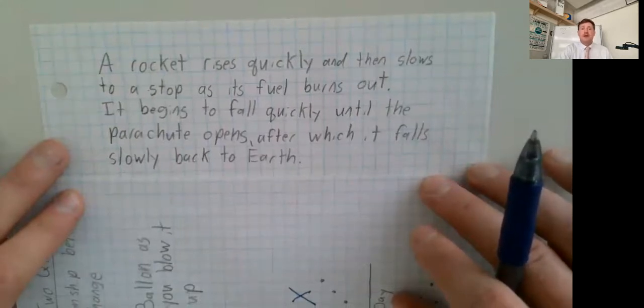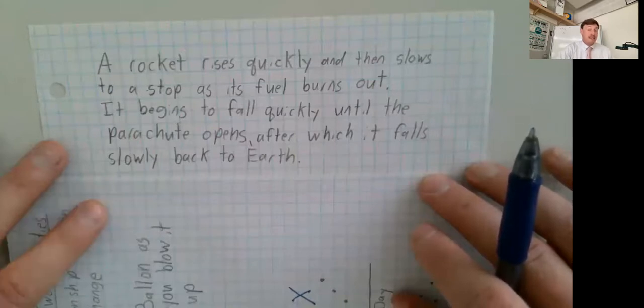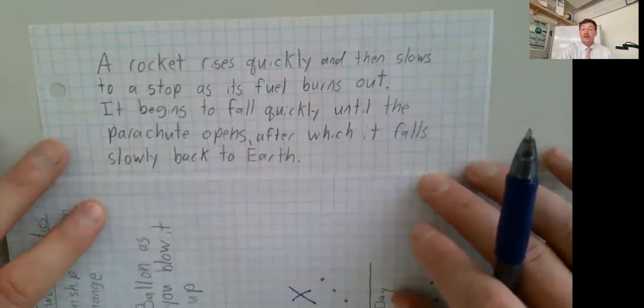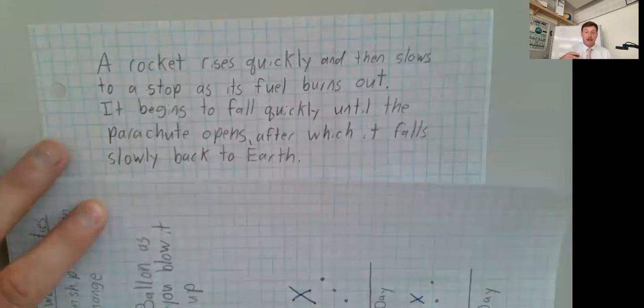Before we start graphing this, we need to think about what two variables are being compared here. Well, with a lot of these problems, it's time. Time is going on. And another variable being compared is the height of the rocket, right? It's going to blast off and then come back down.